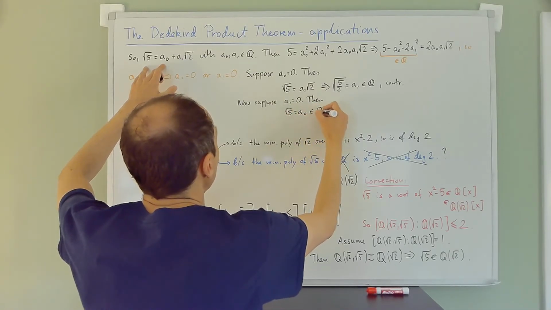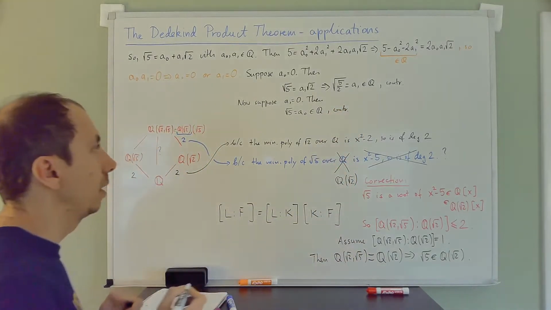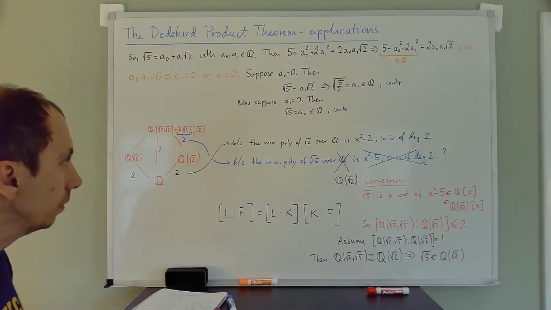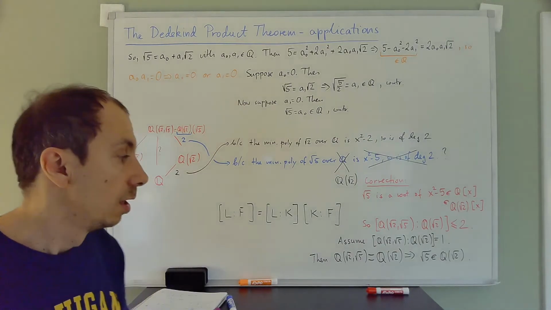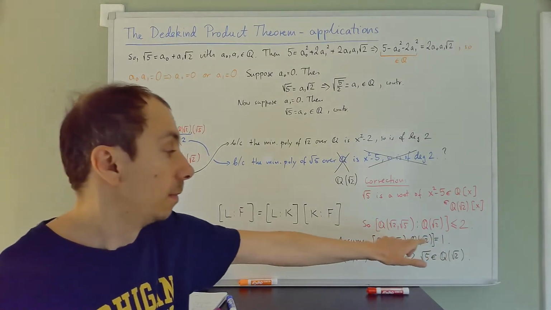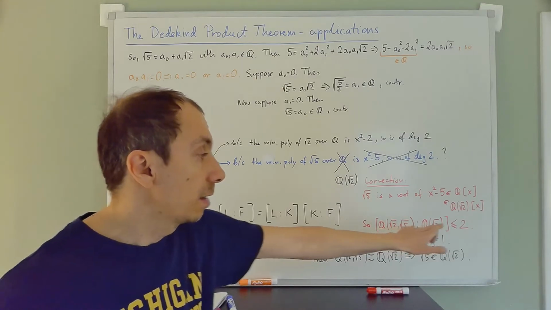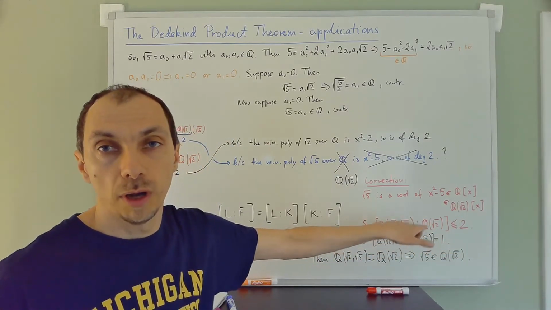Oh, but a0 is rational, so again I get a contradiction because radical 5 is not rational. Okay, so I got a contradiction in both cases, which means this assumption was wrong. So that means, but I know that the degree is at most 2, and it is not 1, so it must be 2.